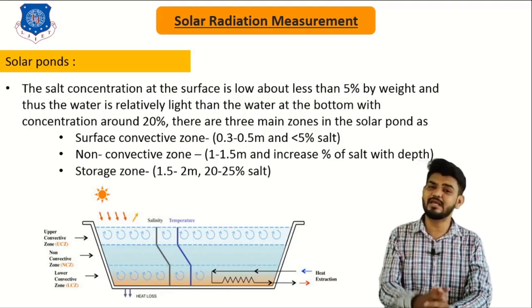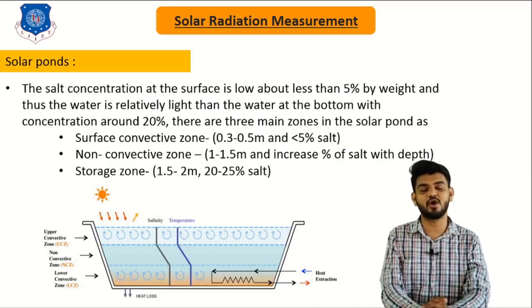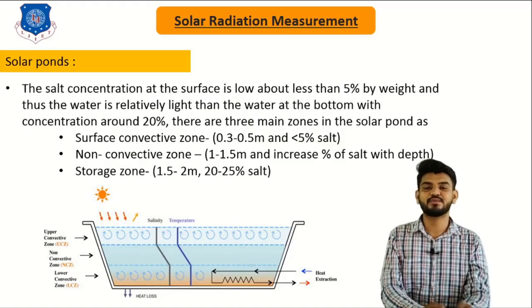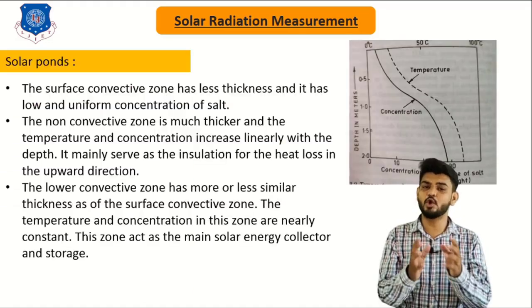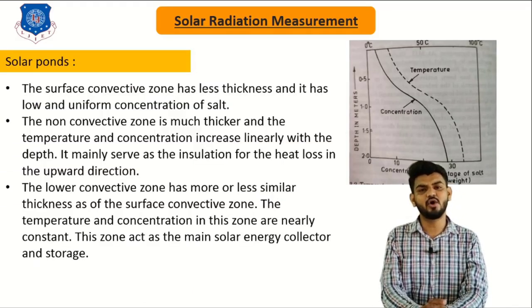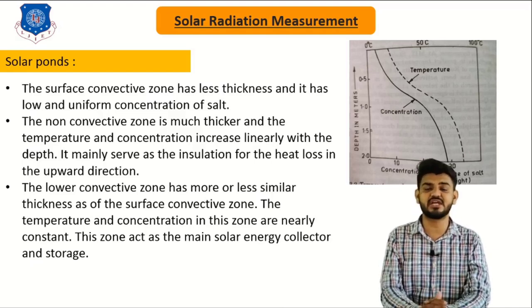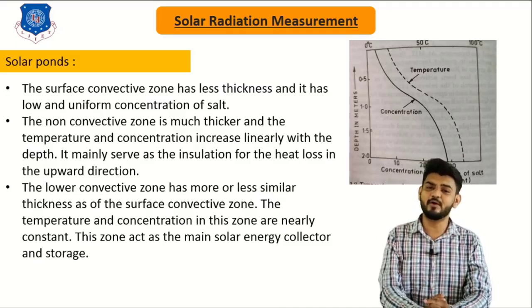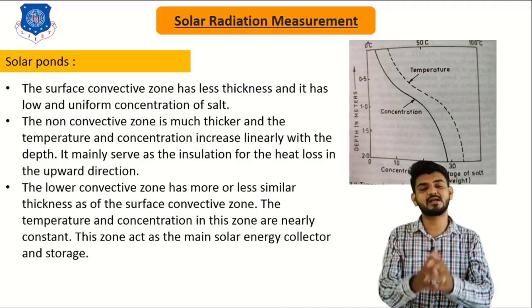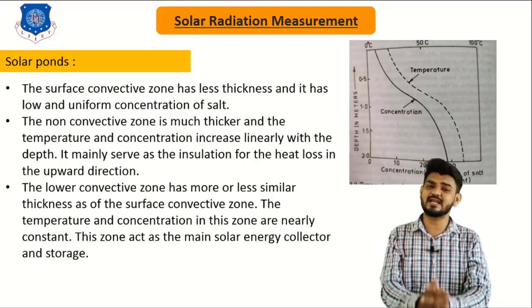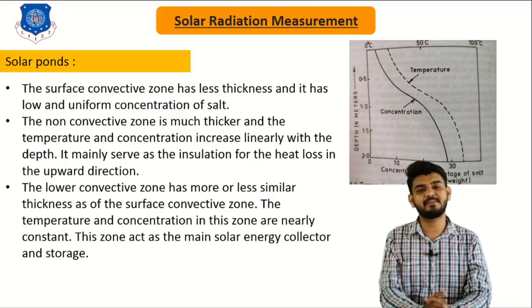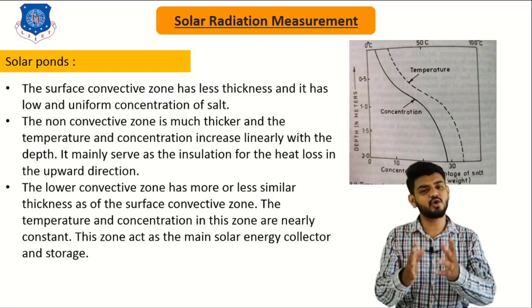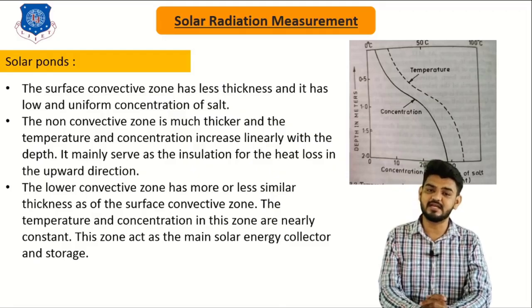As we go deeper inside these layers, the concentration of salt also increases and the temperature gradient also increases. The surface convective layer has the lowest thickness, and it has a low and uniform temperature and concentration throughout. Here in the graph you can see that the upper convective layer has a thickness of around 0.5 meter, while the temperature is nearly uniform and the concentration is also uniform up to 5%.